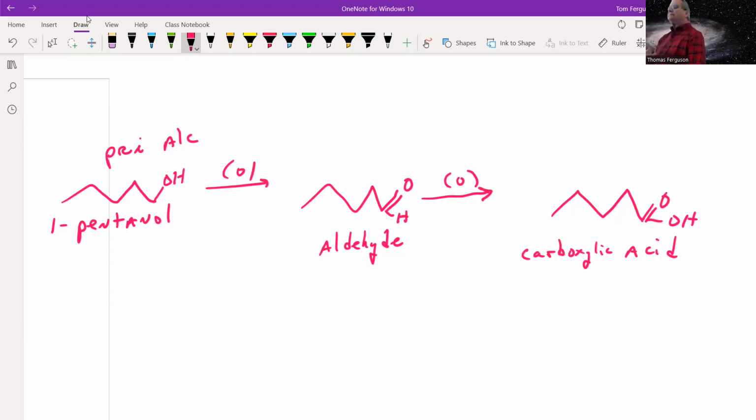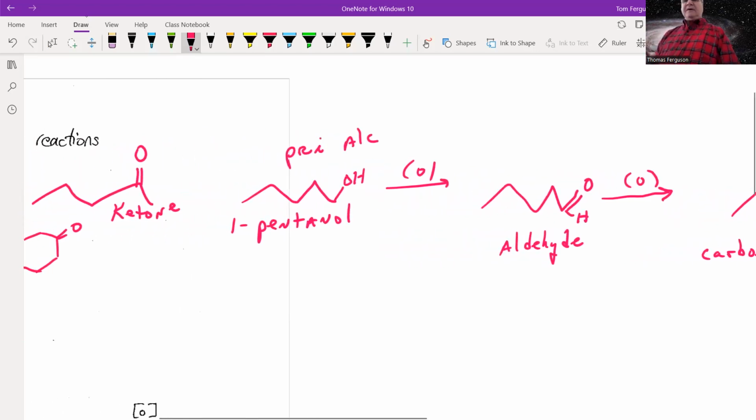Carboxylic acid. And that would be called a pentanoic acid. That's unit 3 stuff. So again, the key on oxidation is losing hydrogens.